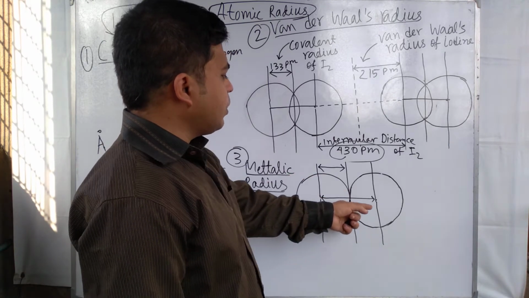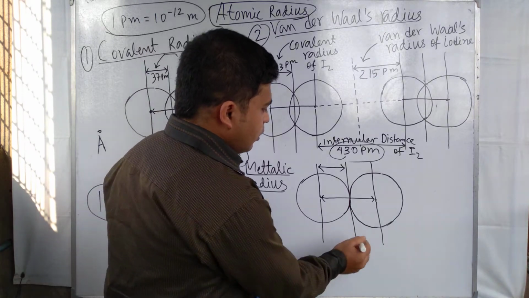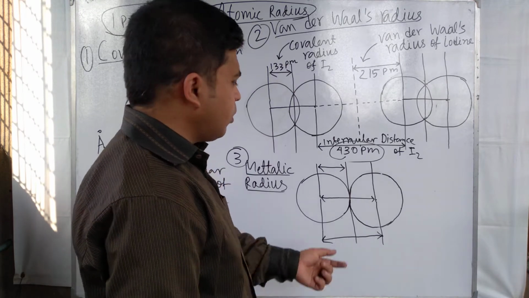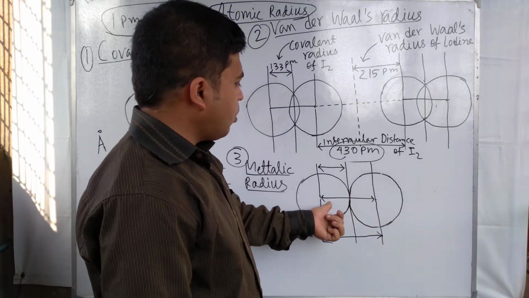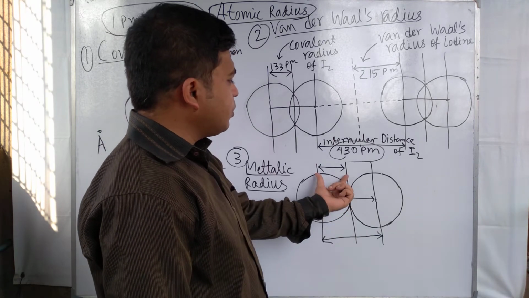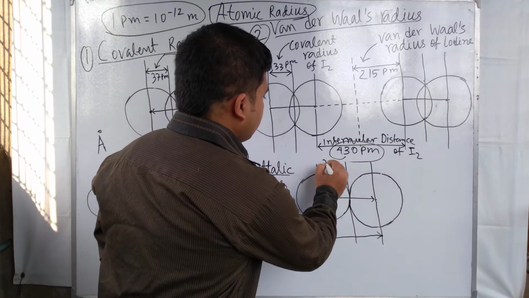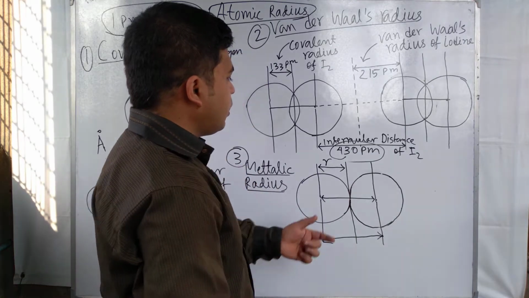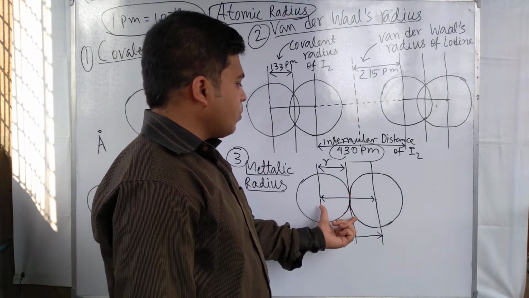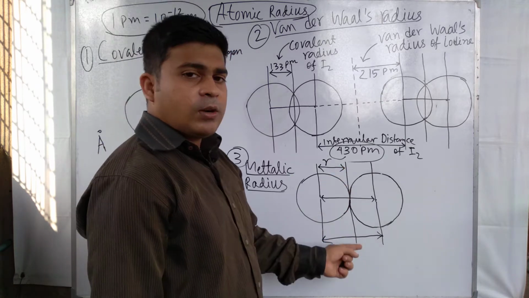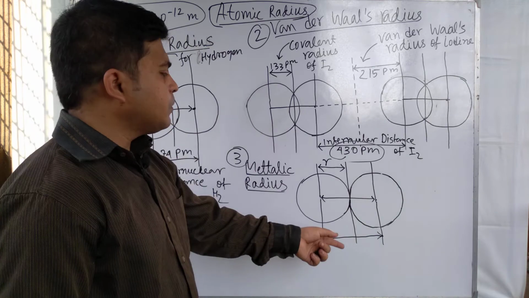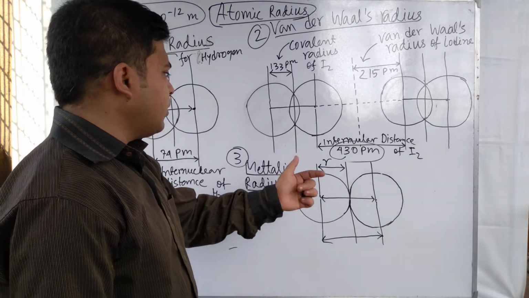This full distance is called the internuclear distance of two atoms, and if we take half of this distance, it is called the metallic radius. Internuclear distance divided by 2 is the metallic radius.